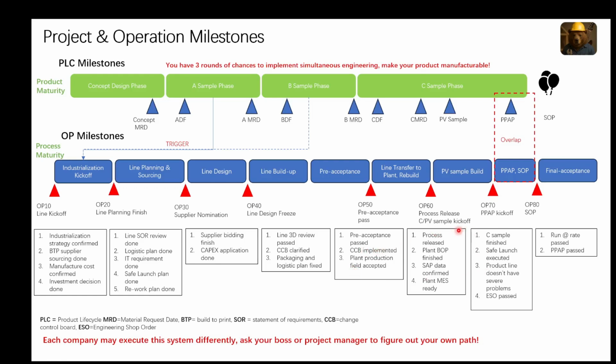Then, when the line arrives at your plant, you need to do the process release. What is process release? You need to make sure that the line can produce good parts, and the process is solid, and your machines can perform nicely. So you do a process release.